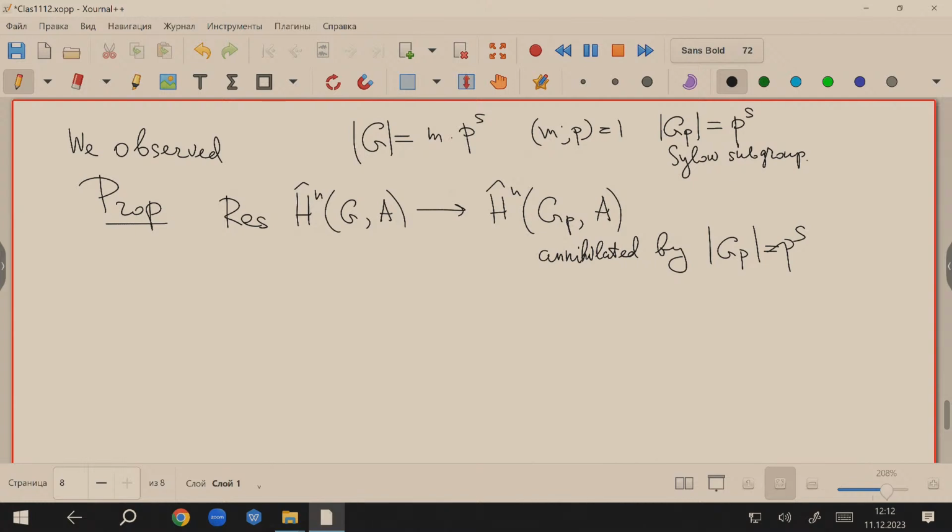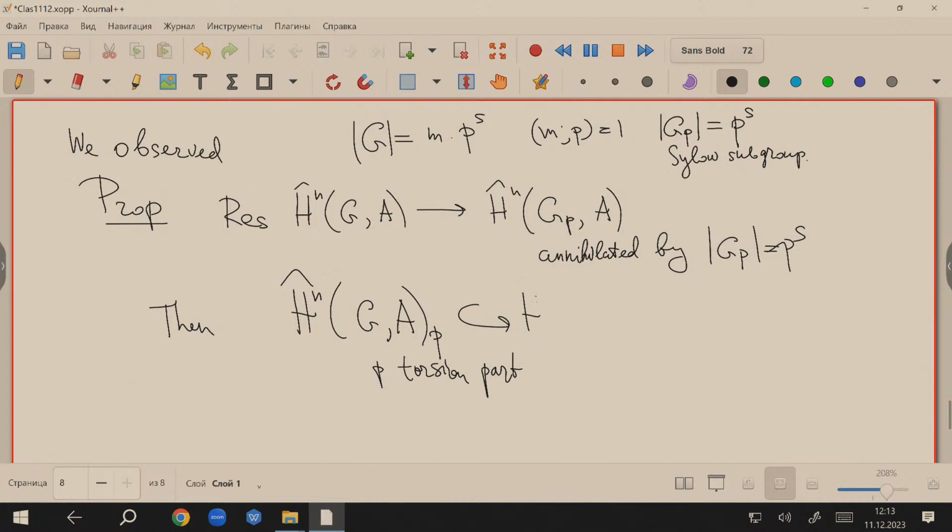And this tells you that if you look at the p-torsion part, we have proved that you have inclusion.